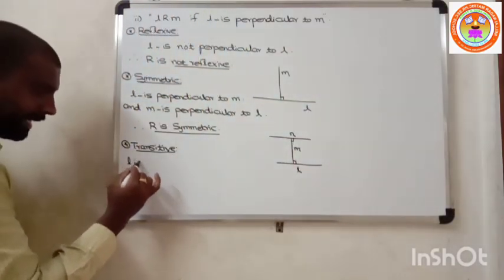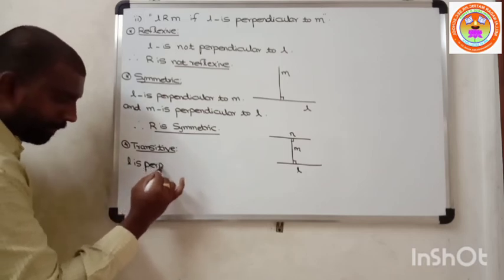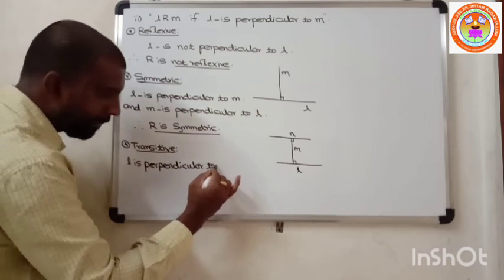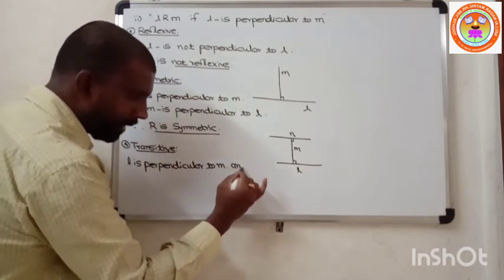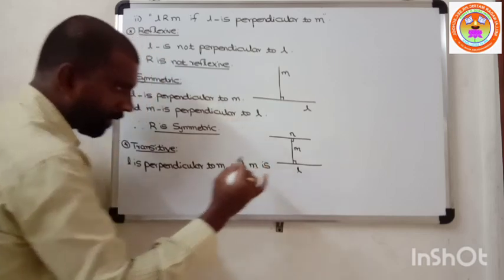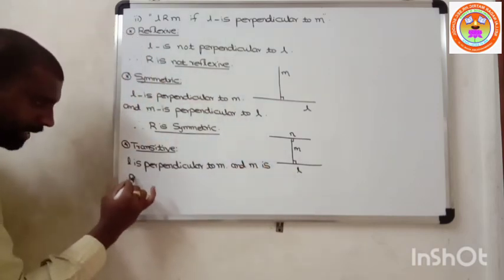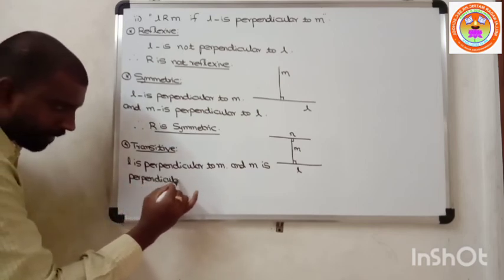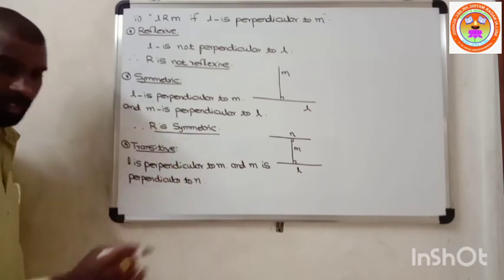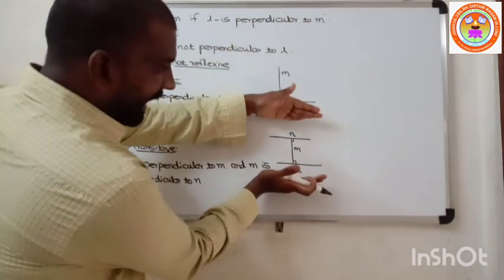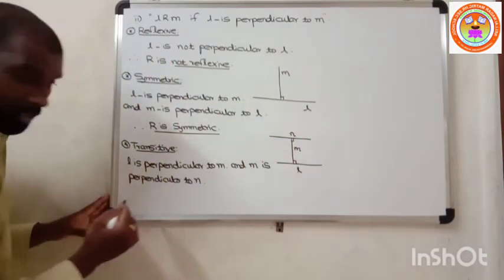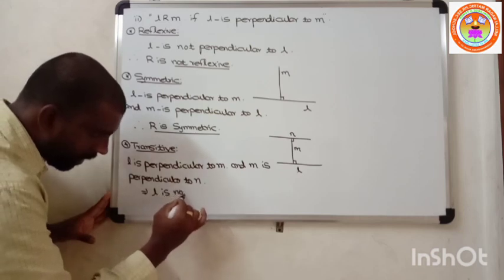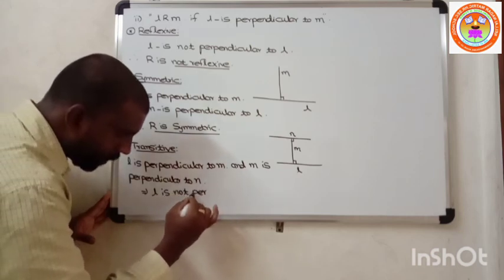So l is perpendicular to m and m is perpendicular to n, but l is not perpendicular to n.